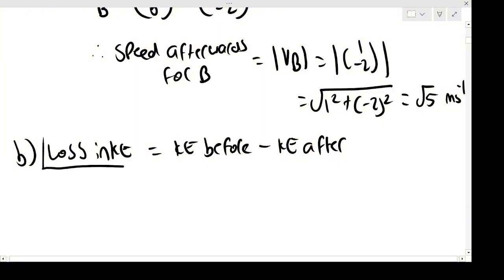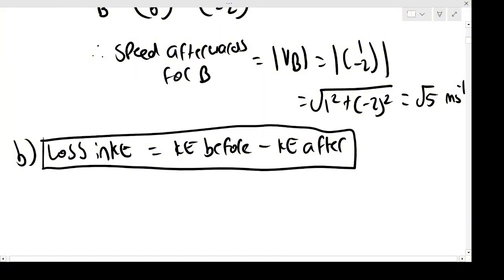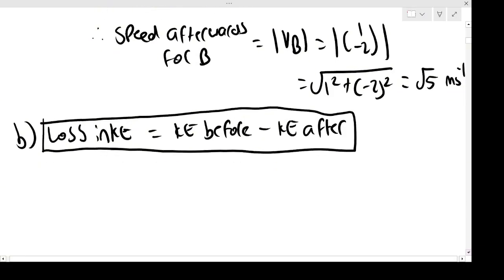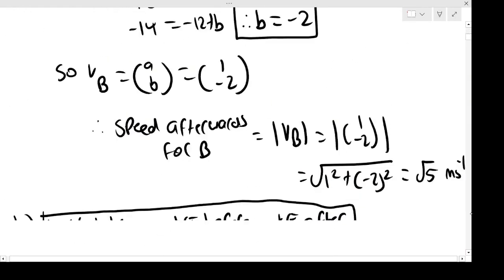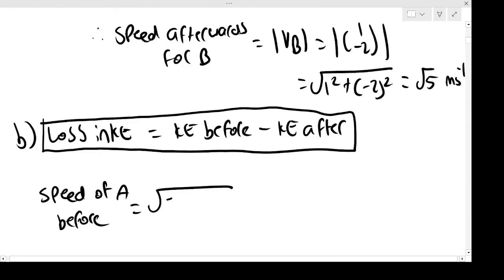So if we want to work out our kinetic energies, obviously we're going to need to find the speed. So it might be a good idea to work all that out first, right? So firstly, the speed of A before. Well, the velocity for A before is 3 minus 5. So it's going to be the Pythagoras, so root 3 squared and minus 5 squared.